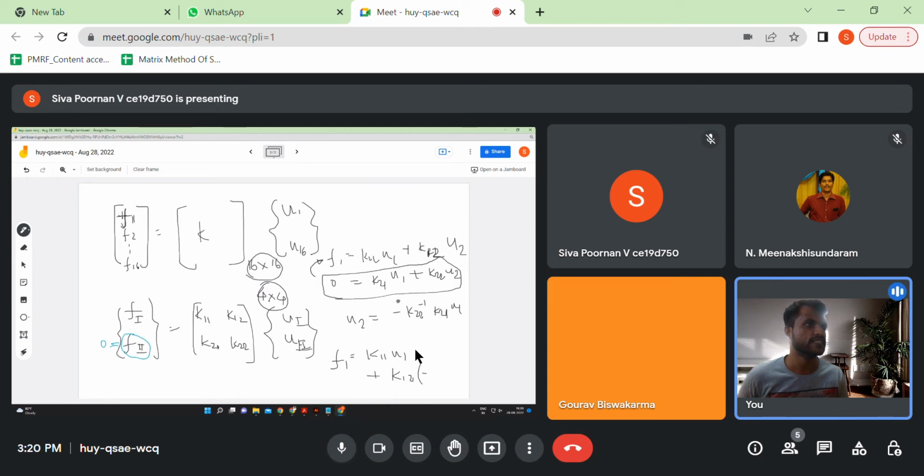Let's say this is just some K dash, just for simplicity. So I can write it as K dash into U1. I can take U1 common outside, and the leftover part will be the reduced thing. So F1 is equal to some K reduced into U1.